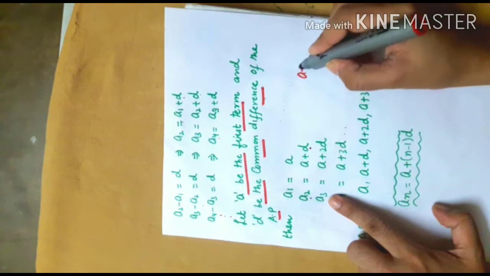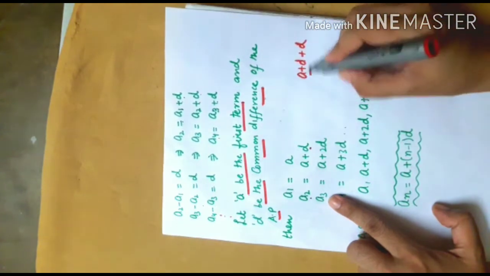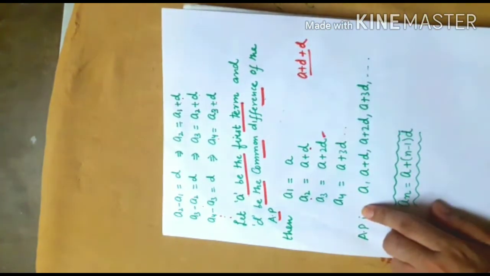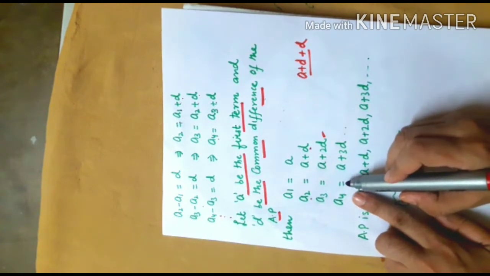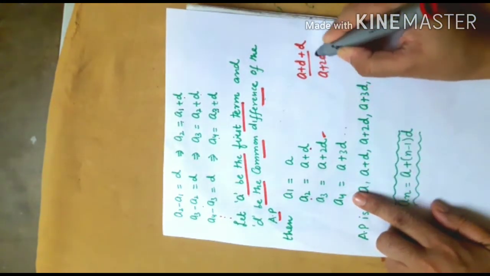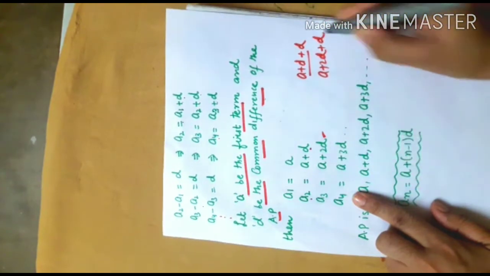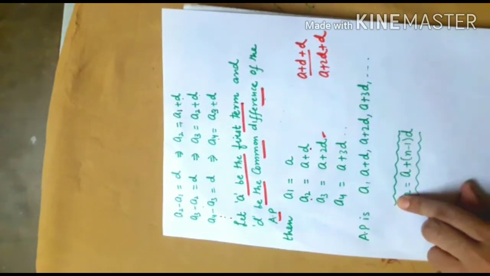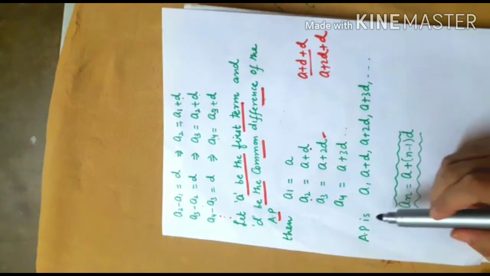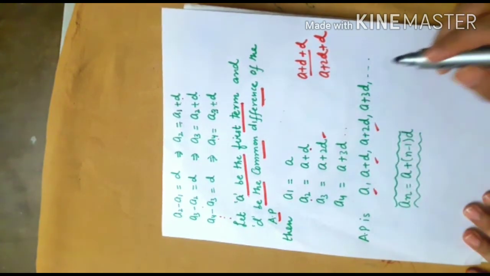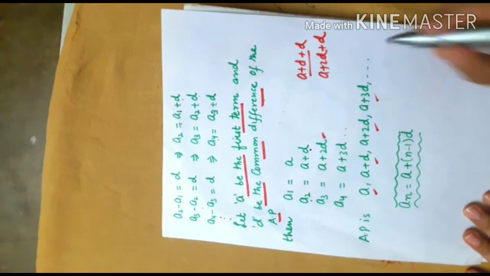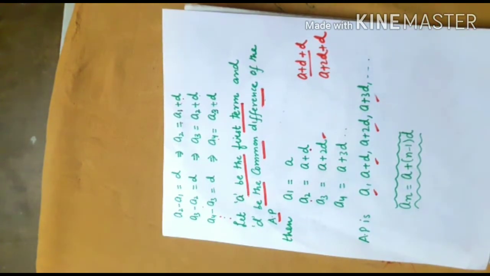So A plus D will give you A plus 2D. Similarly, A4 will be obtained by adding the common difference to the third term, so I'll get A plus 3D. So the AP is given by A, A plus D, A plus 2D, A plus 3D and so on.